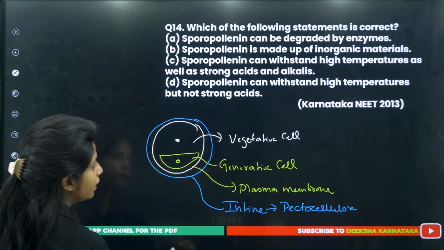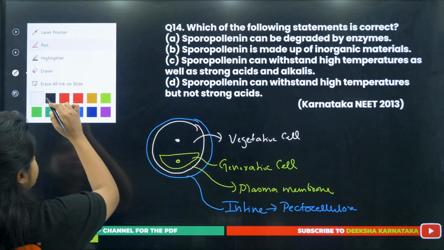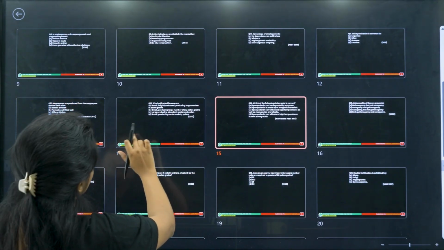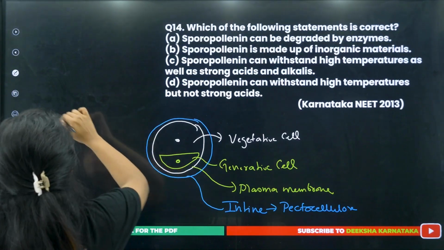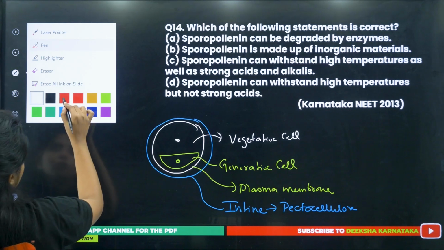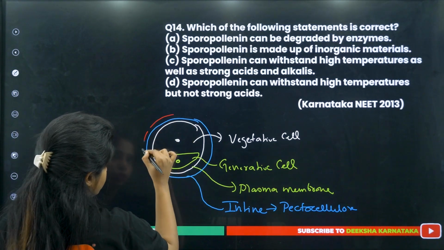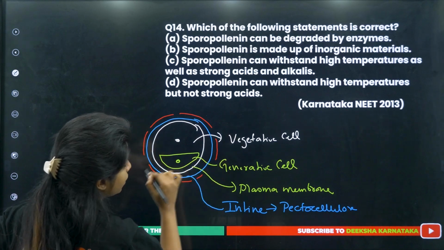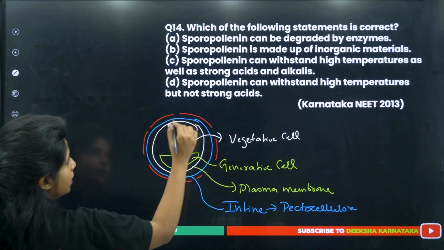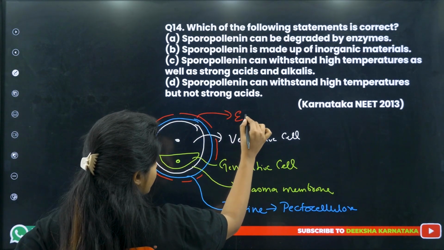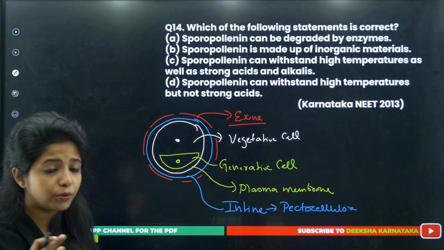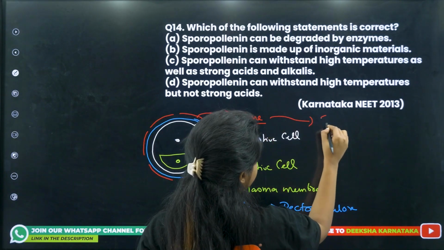Going ahead, there is one more layer which I am going to make in red. It's not a continuous layer, there are pores as well, but this layer is the exine and it is made up of the strongest chemical component, which is sporopollenin.